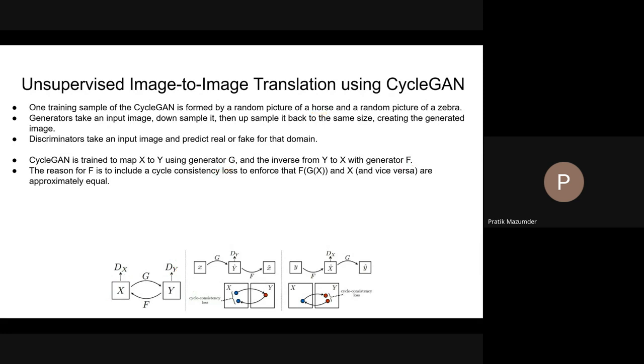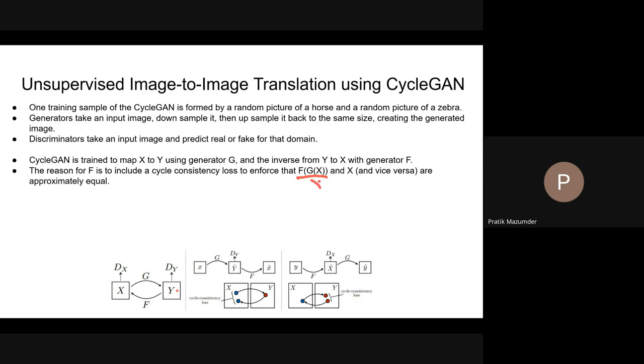And in order to enforce cycle consistency loss, once you're mapping from, say, horse to a zebra, you're mapping back to a horse. This is how it will look. G of x will give you your zebra, and F of G of x will give you back the original horse.